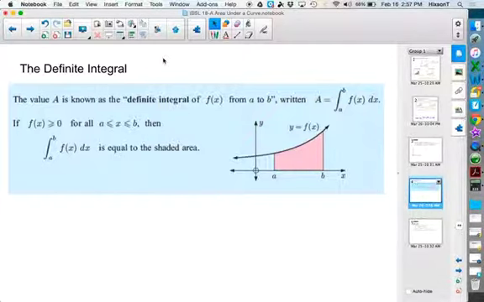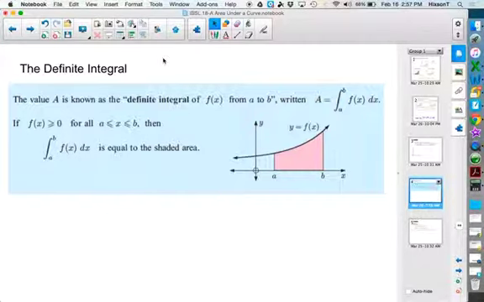Now notice the dx. That means with respect to x. That tells us what variable we're integrating with respect to. Just like you were differentiating using dy dx, the derivative of y with respect to x, here we're integrating f of x with respect to x.